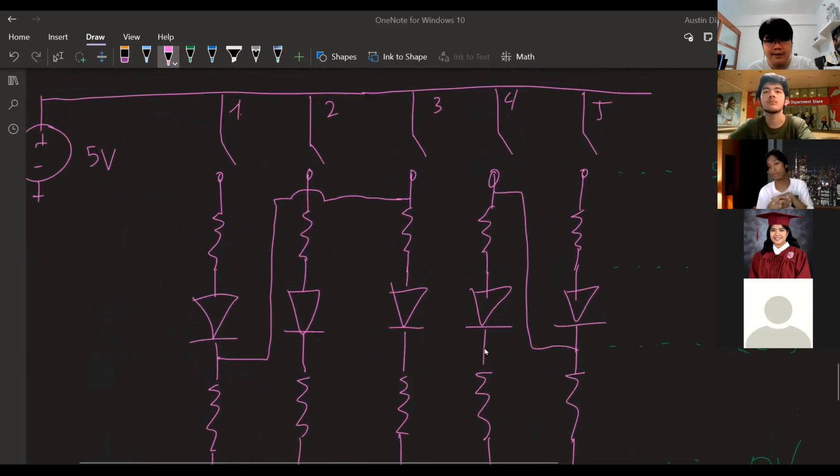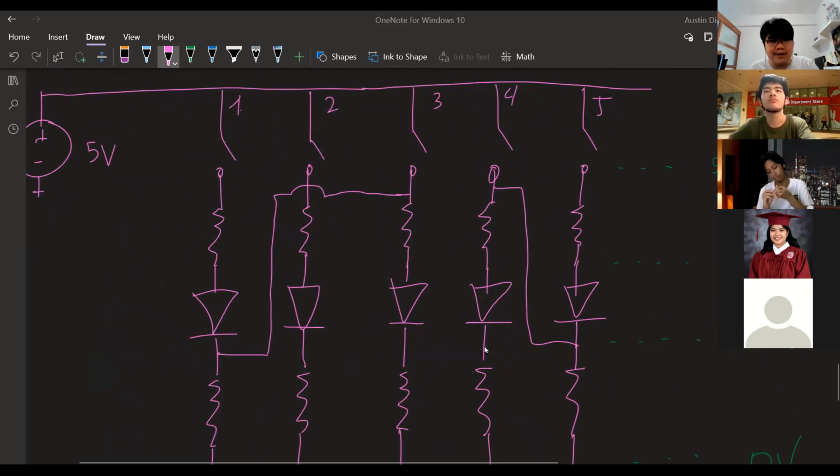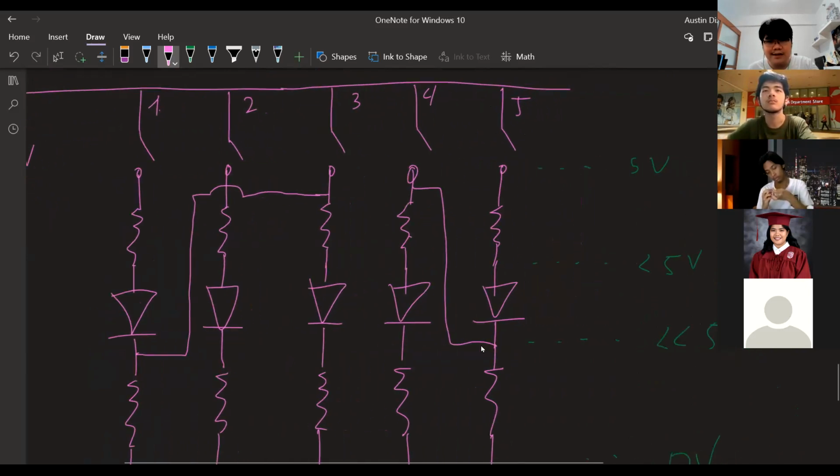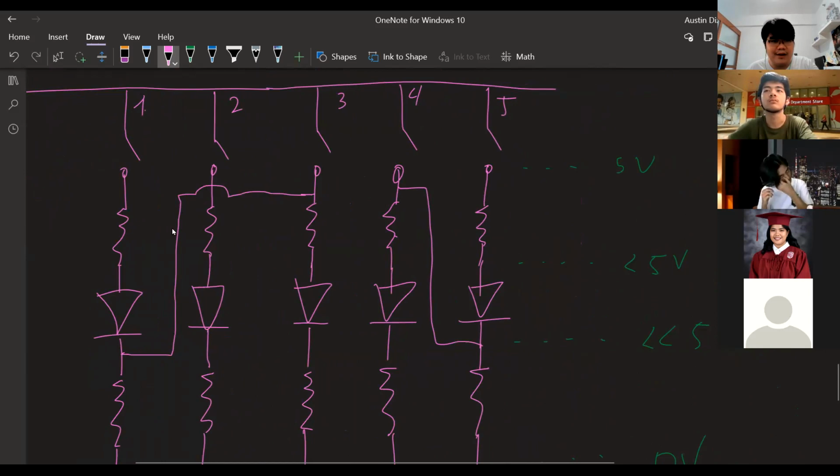What else can I do? Okay, ang pwede kong gawin is that since this is 5, nilagay ko yung 5 dito. Okay, hindi talaga iilaw to, no? So, ang pwede kong gawin is that I could use this line para less than 5 volts yung isusupply ko. Okay. Let's use this line. Kanino papunta? So, 1, 2.